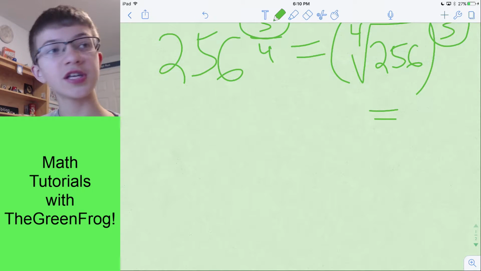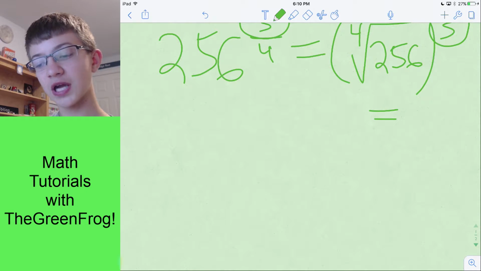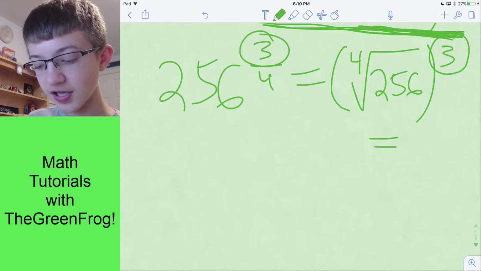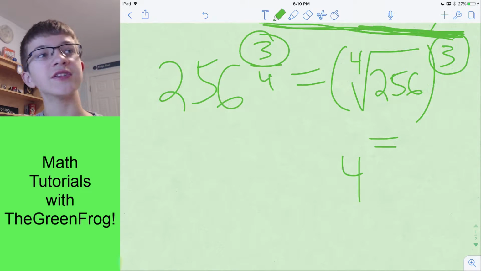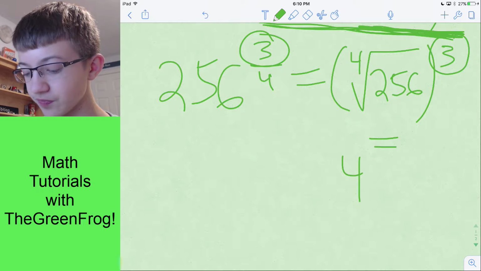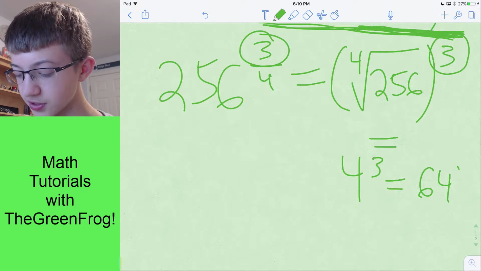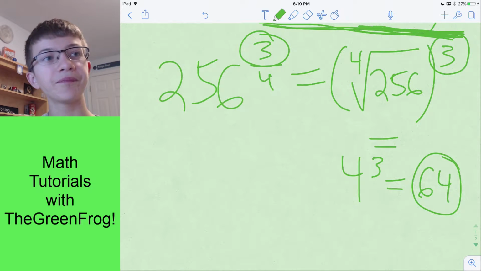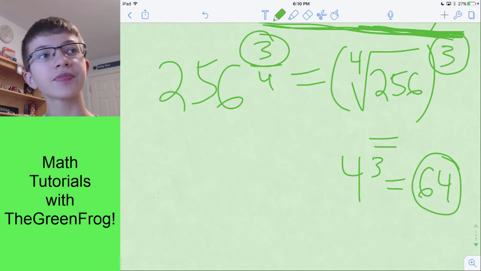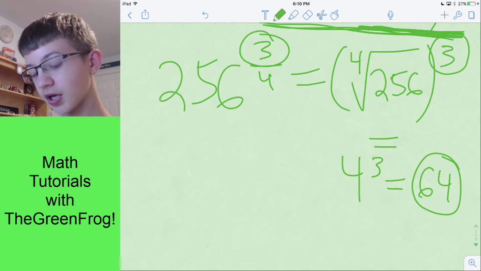So what number multiplied by itself 4 times is 256? That turns out to be 4, because 4 times 4 is 16, times 4 is 64, and if you multiply that by 4 one more time, you get a nice 256. Then we just need to keep that power, and 4 cubed becomes 64.